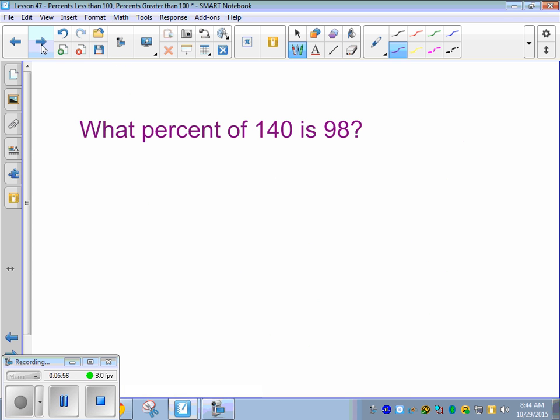All right. What percent of 140 is 98? Who can put this into a math equation for me? Monica? P over 100 times 140 equals 98. Perfect. So for this one, there's some way that I kind of want to rewrite this before I start to solve.